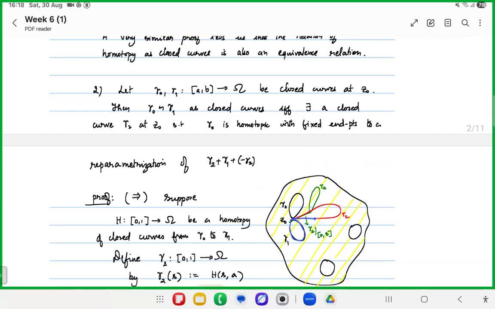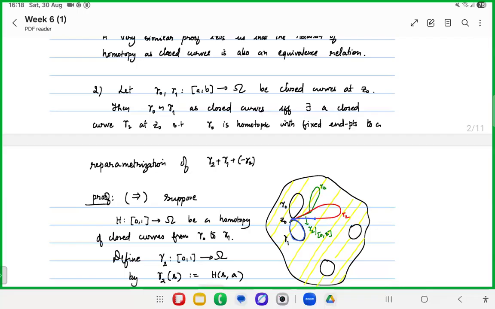Are you able to see them? Because they represent the same curve, but speeds are different. Reparameterization means either the speed is different or the parameter interval is different, but they are the same curve.